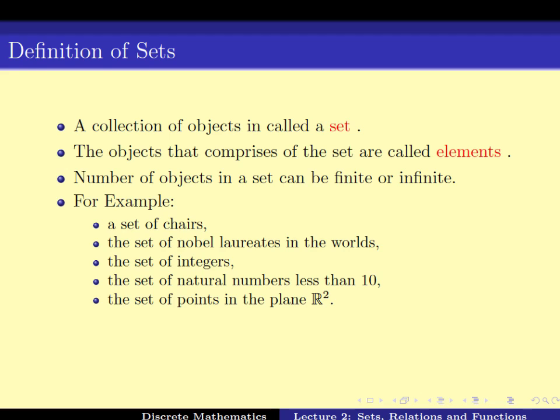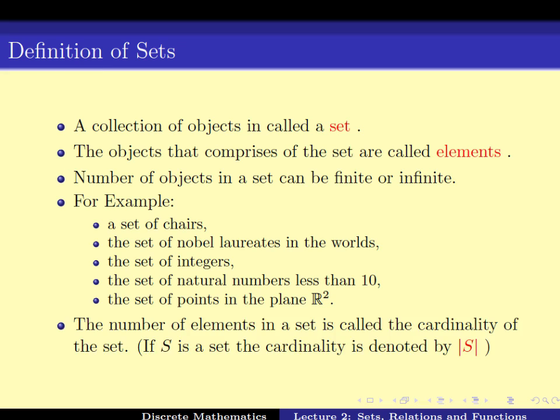Note that the set of integers and the set of points in the plane R2 are actually infinite sets, meaning the number of elements in these sets is infinite. So we can have sets which are finite or sets which are infinite.